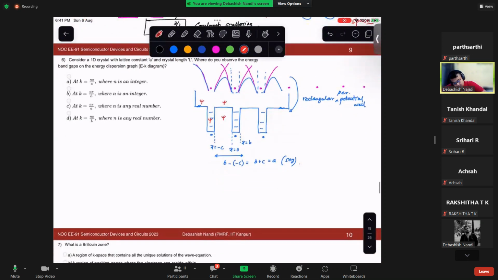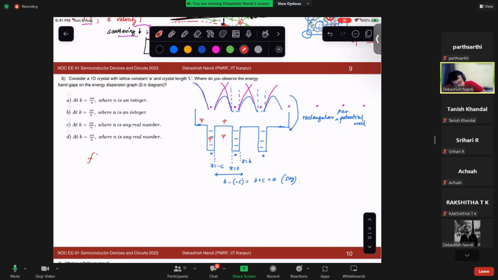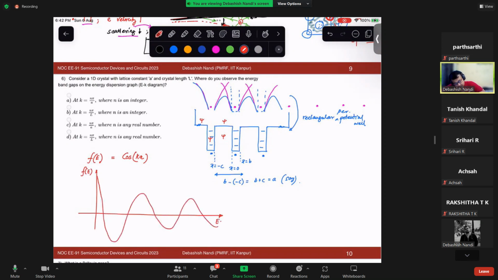This particular condition will lead to an energy relation with some cos(ka) term. If you simply plot this f(E) term with respect to energy, you will see this kind of nature.